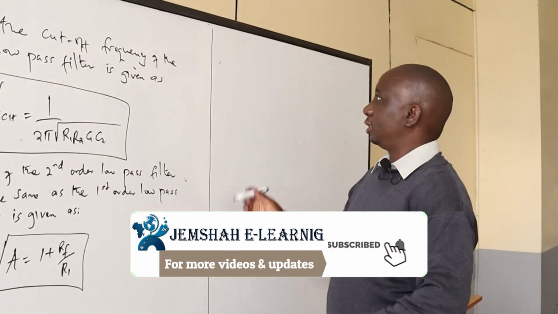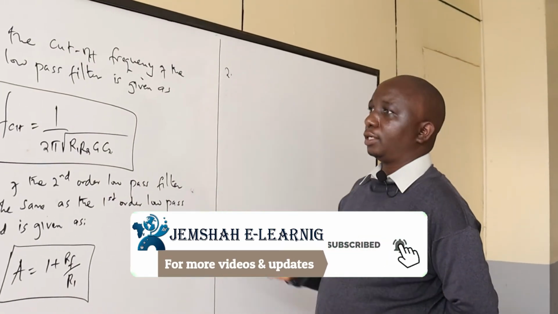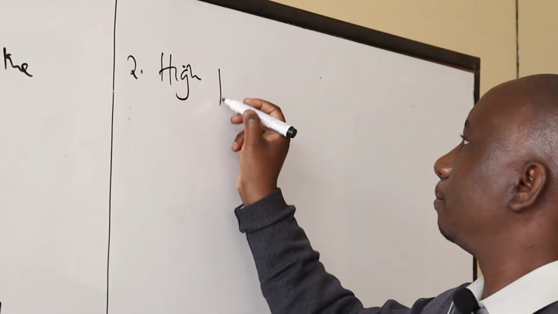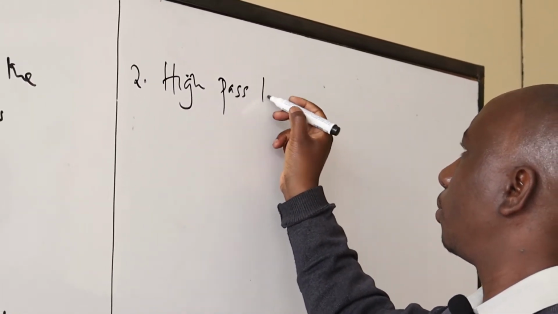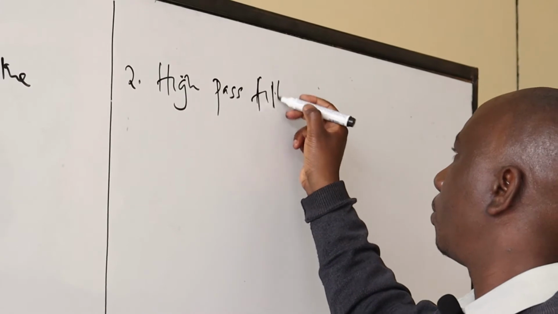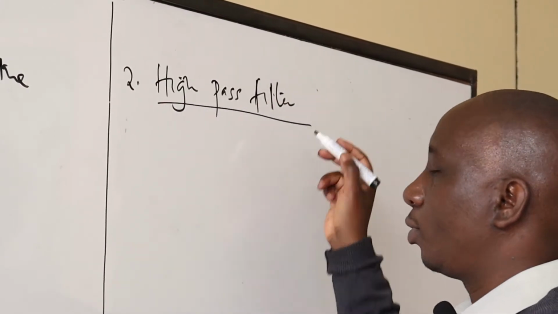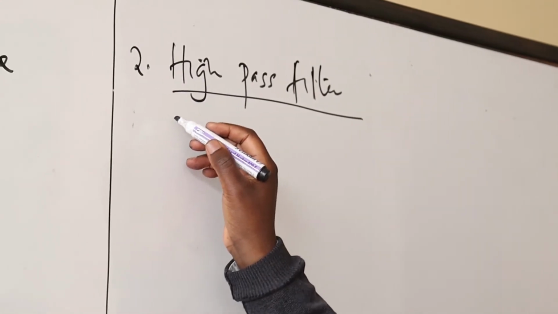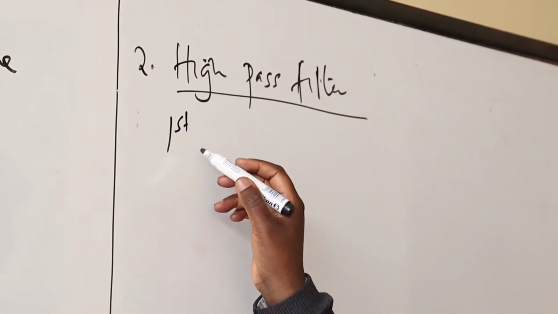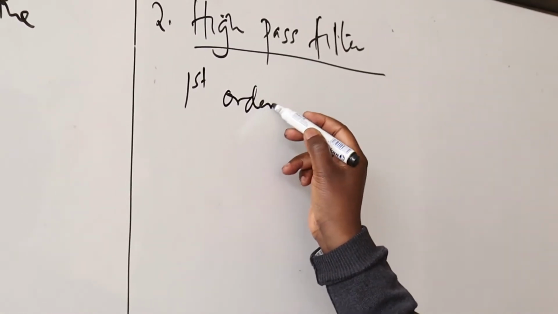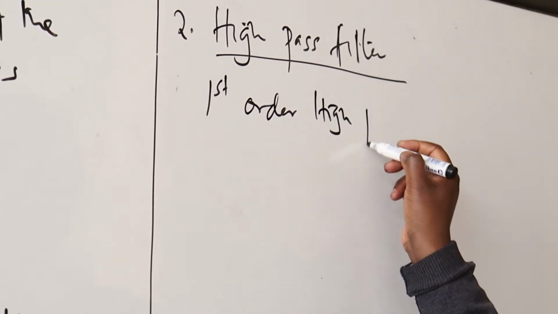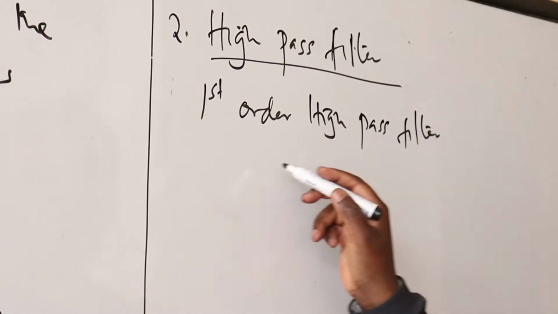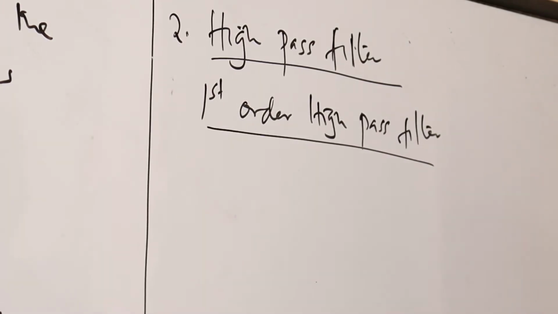So we're going to study another type of filter. The second filter is the high pass filter. We are going to have a sketch of this also, let me have the first order high pass filter.